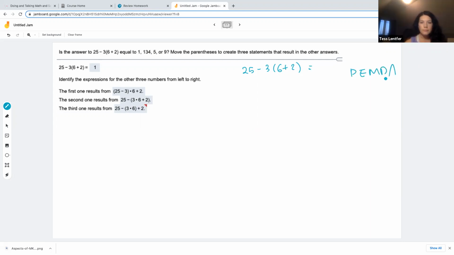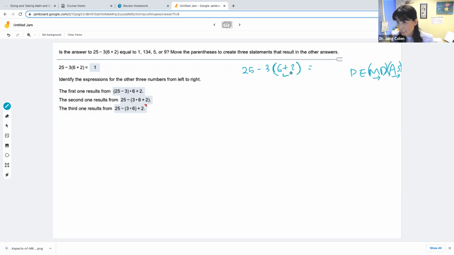These two, either one from left to right, right? So we see the parentheses here. In the parentheses, it's 8. And then I see multiplication there and the subtraction there. So we need to do this one first. So it's going to be 25 minus 24, which is 1. Right? So it is 1.